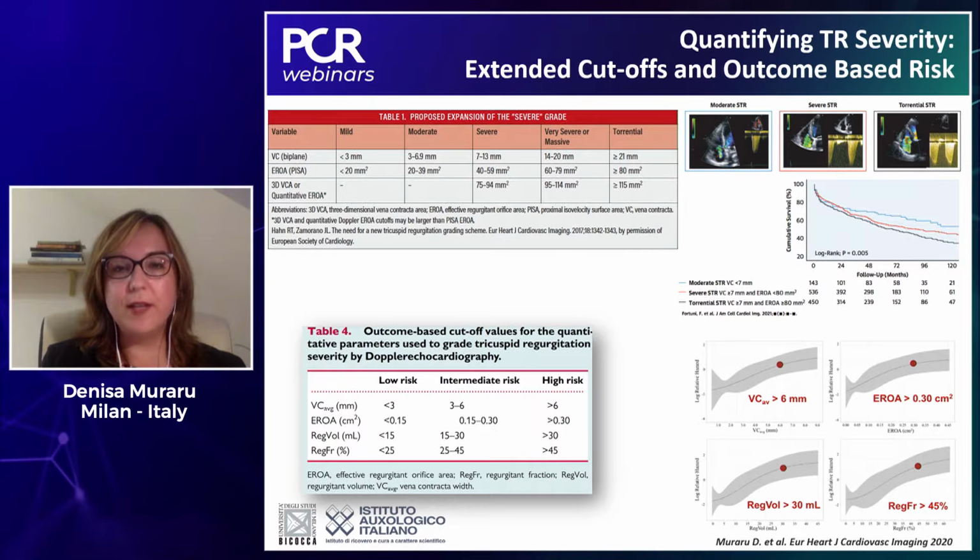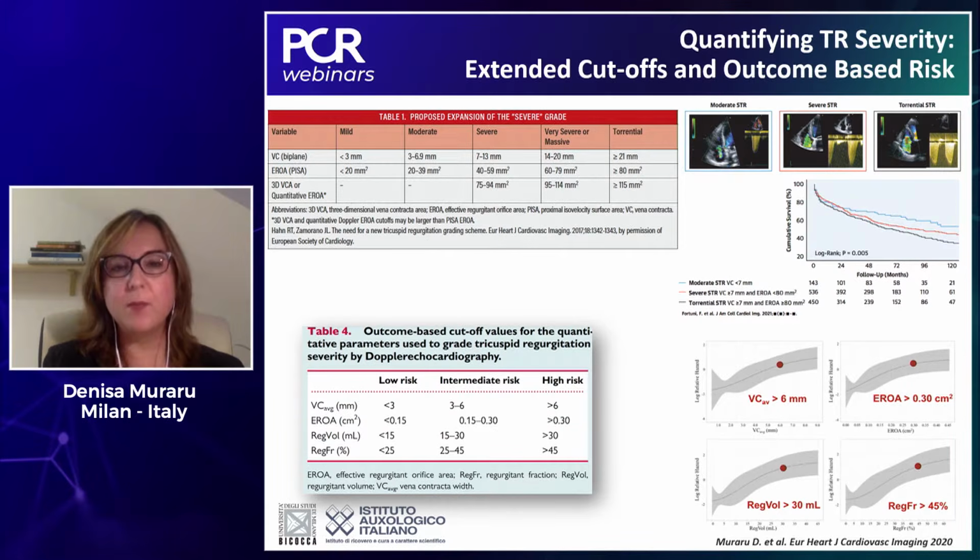How we should define severe TR, this is still a matter of debate currently. We have realized that 3 grades are not enough when considering the patient for an intervention, and either you apply 4 or 5 grades, but we should define how severe is the severe TR.